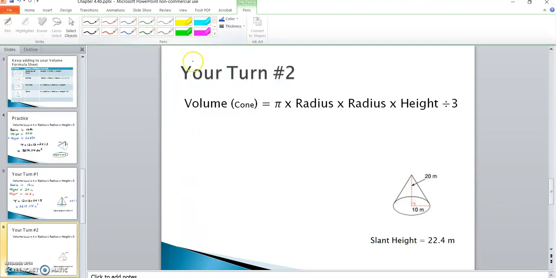So again, I'd like you to start off by pausing the video and figuring out what our radius, our slant height, and our height are. So go ahead and do that now. All right, so because this line here only goes to the halfway point, or the midpoint in the circle, our radius is 10 meters.